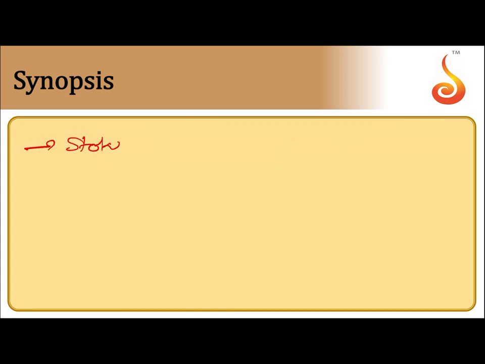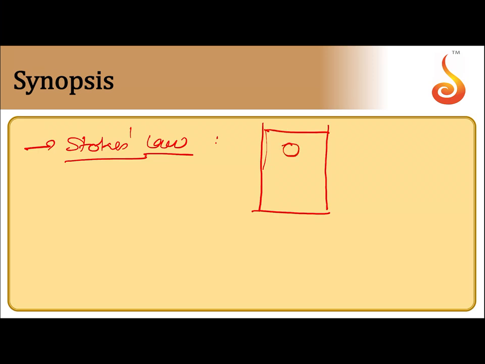Stokes' law is another important law which tells us the viscous force whenever an object is moving with terminal velocity in a fluid. For example, we can consider, say, a liquid. There is a long column, let's assume, and a steel sphere, or say steel ball, is falling down.